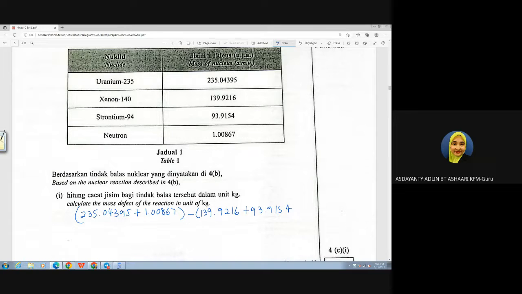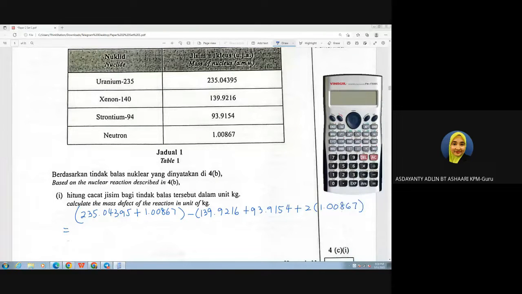So jangan lupa ada 2 biji neutron tadi yang terhasil. So plus 2 neutron. The mass of neutron 1.00867. Okay, so this mass is in AMU. So kira lah guna calculator.